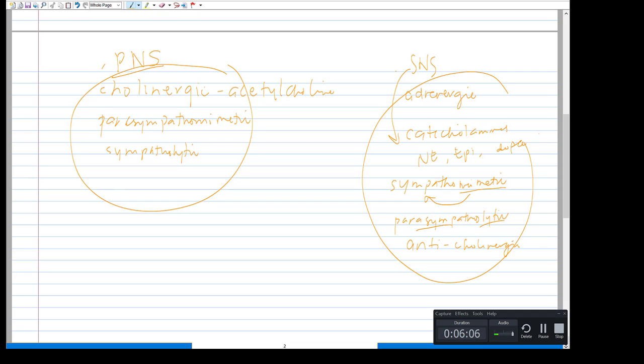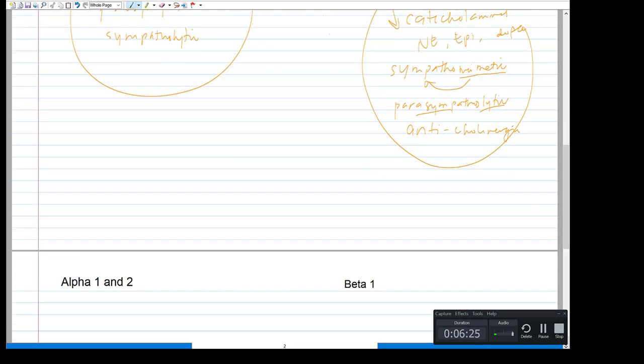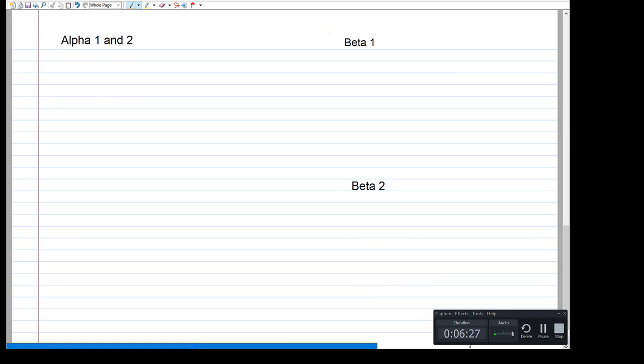Now, since we're talking about these different terminologies, another thing you have to understand is that a lot of drugs can use alpha-1, alpha-2, beta-1, beta-2, whether adrenergic or a blocker. So let's move on to that. Where did alpha-1, alpha-2, beta-1, beta-2 come from? Let's review.